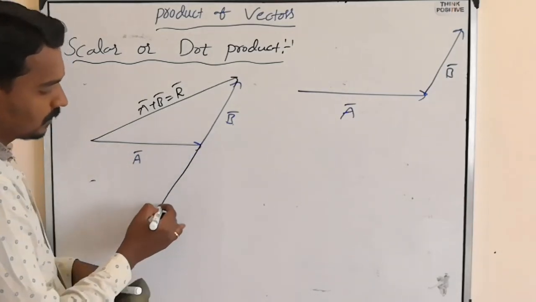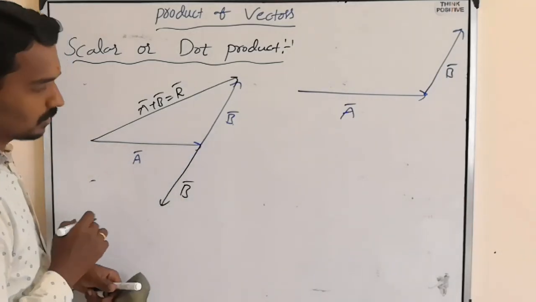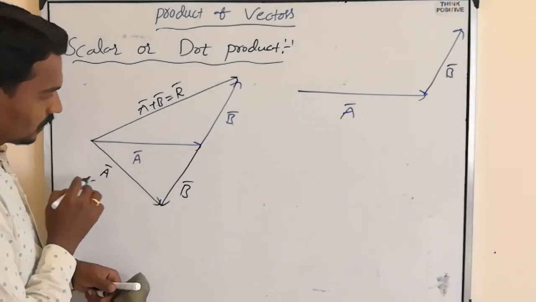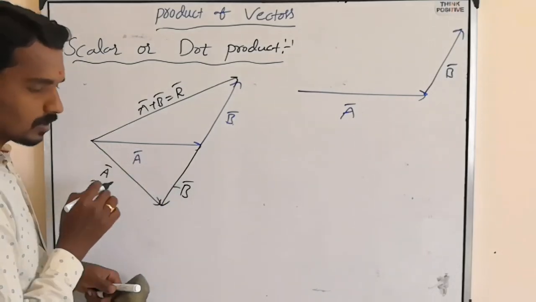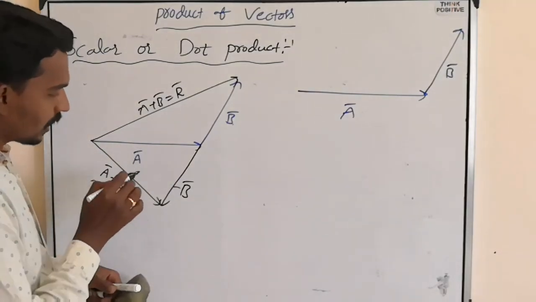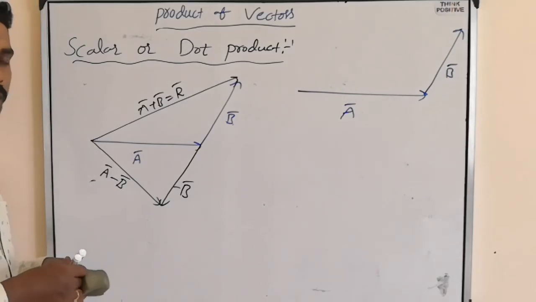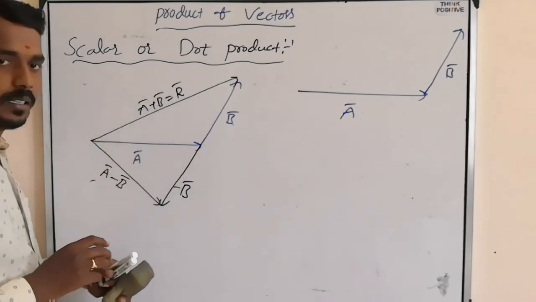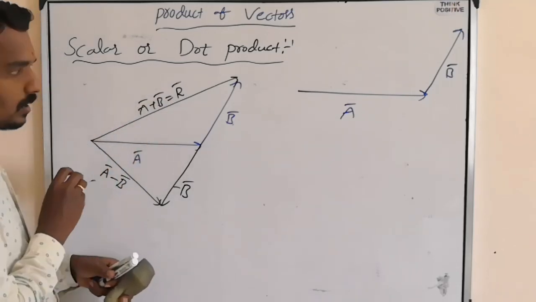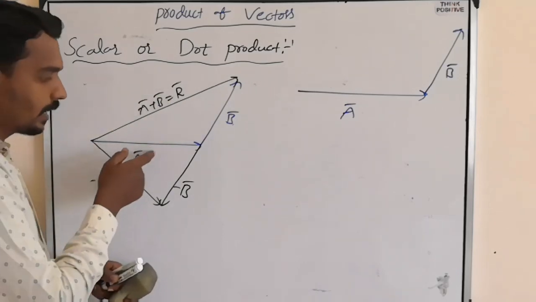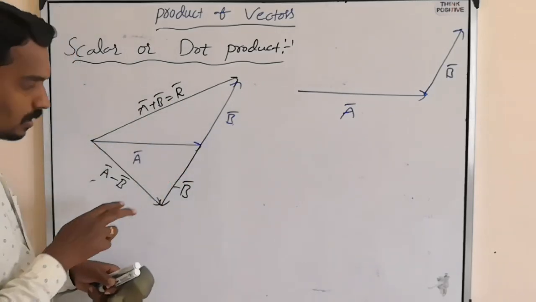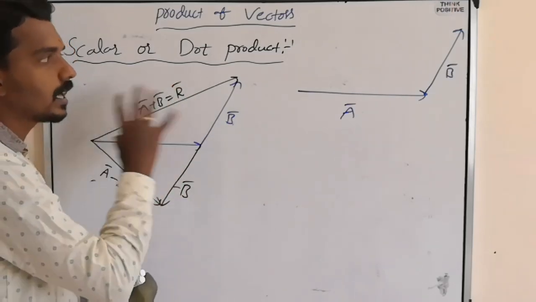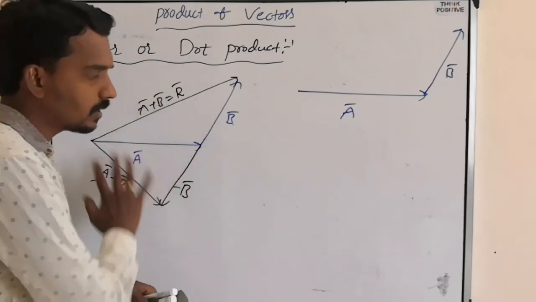And this is B bar, this is A bar, and this is minus B bar, then this is A bar minus B bar. So here R bar, that is A bar plus B bar, and A bar and B bar, also A bar minus B bar, always lie in the same plane.